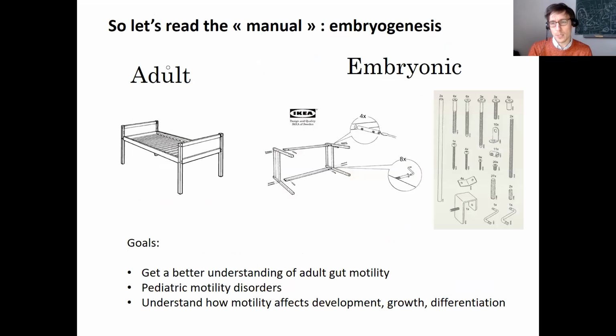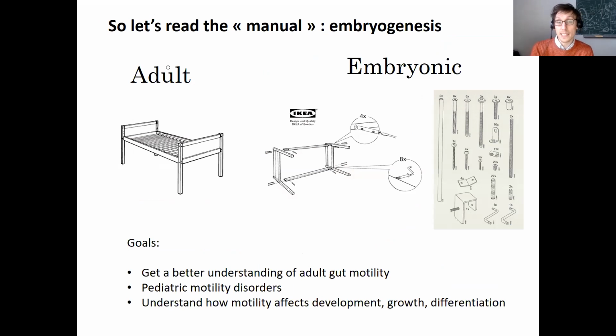So our idea was that by looking at the embryo, we could figure out what the basic nuts and bolts of motility are, how they assemble together to give rise to adult motility, and this way get an understanding of the fundamentals of motility.